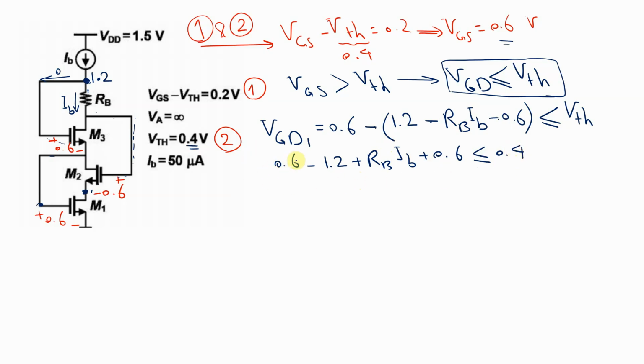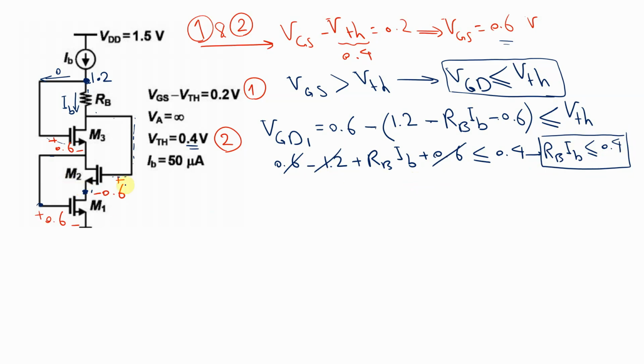These cross out, and we are left with RAB IAB less than or equal to 0.4. This is the first condition to consider.